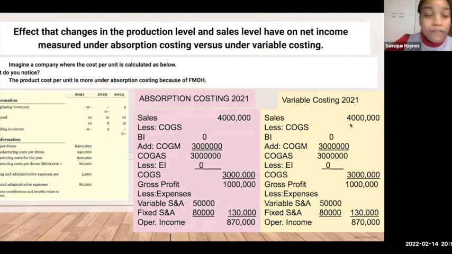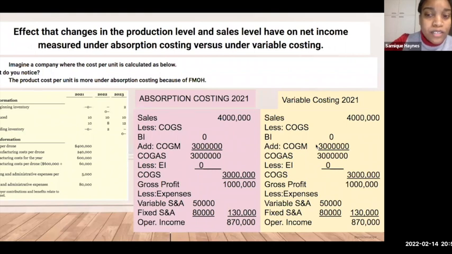We go over to the variable costing. 4 million is our sales, and our cost of goods manufactured is the same. How come our cost of goods manufactured is the same as in absorption costing when we're supposed to only be using our variable? Something wrong?